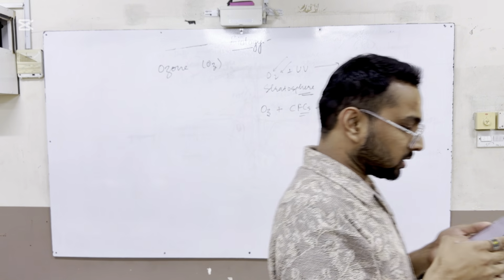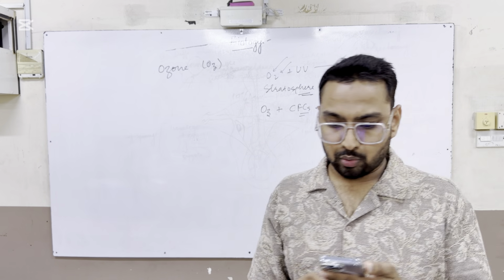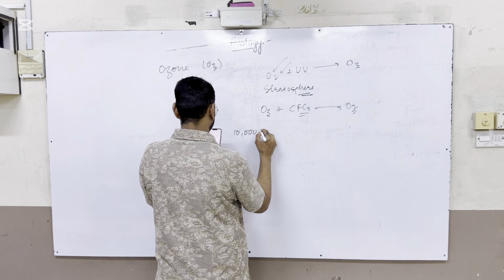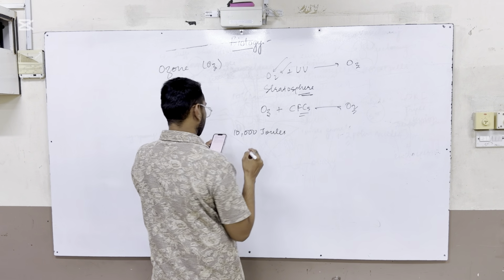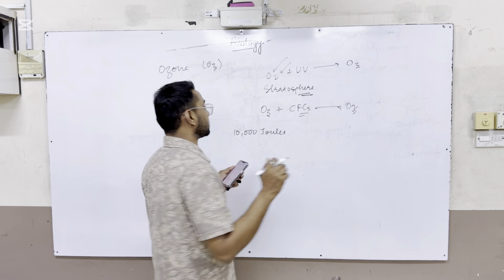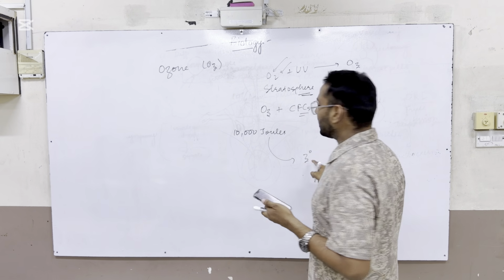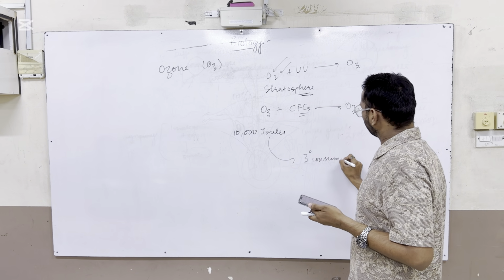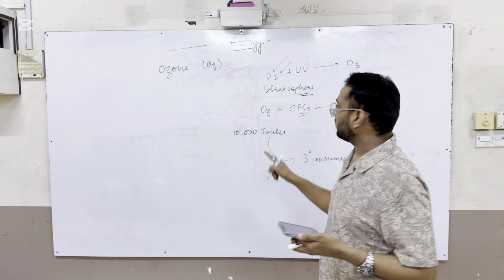Okay, next question. Start solving it. If 10,000 joules of energy is available at the producer level, how much energy will be available at the tertiary consumer? Tertiary, we can write this also, 3 degrees for tertiary consumer. We know one law which we have discussed right now.